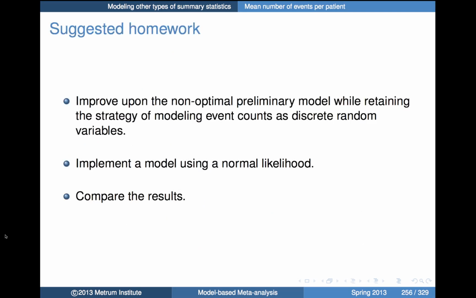Another direction would be to implement a model using a normal likelihood, and then compare the results. Finally, you might also try modifying that approach for modeling the event counts, and instead of using a Poisson-based model, use a binomial model, and explore using that as an alternative. Again, that could be compared to a model using a normal likelihood.